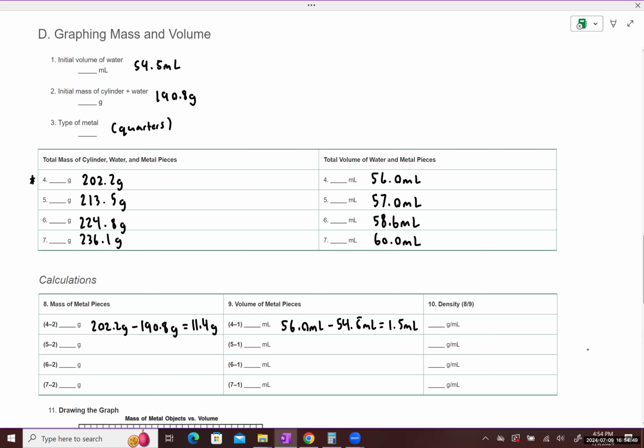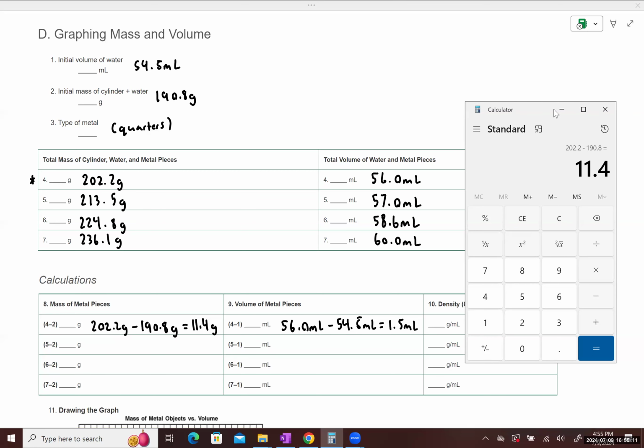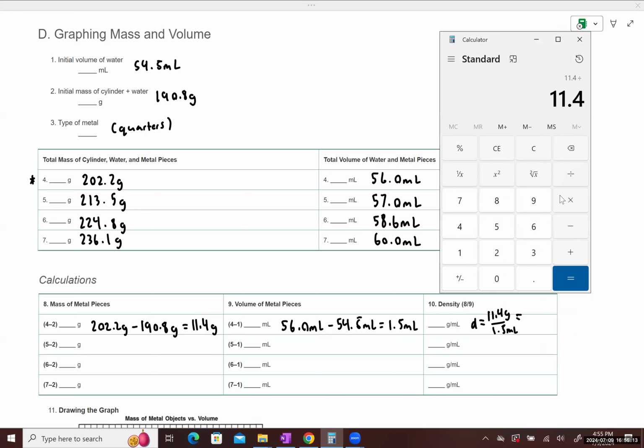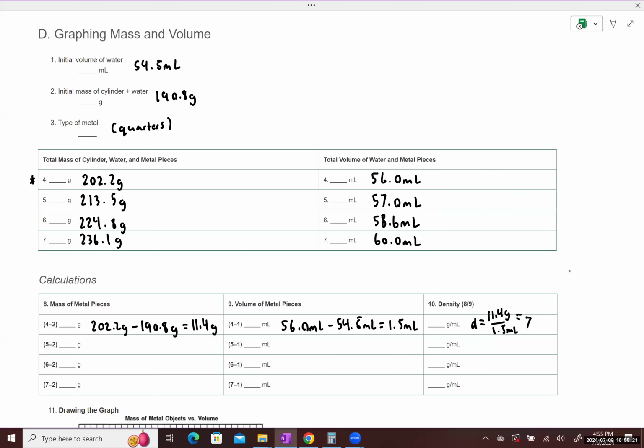And if density is defined as mass over volume, to calculate the density, we take the mass of 11.4 over the volume of 1.5 milliliters. So we have 11.4 grams over 1.5 milliliters. Because one of our inputs only has 2 sig figs, the final answer will only have 2 sig figs. So we get out, interestingly enough, a final density of 7.6 grams per milliliter, which is already rounded.